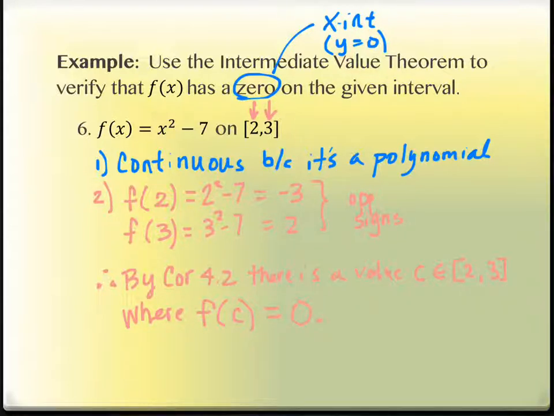The corollary says that, and it says that because we checked all of the conditions before it that allowed us to make that claim.